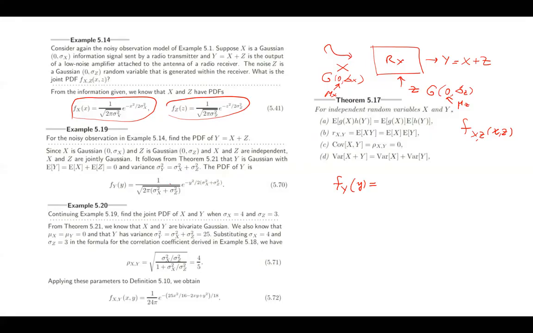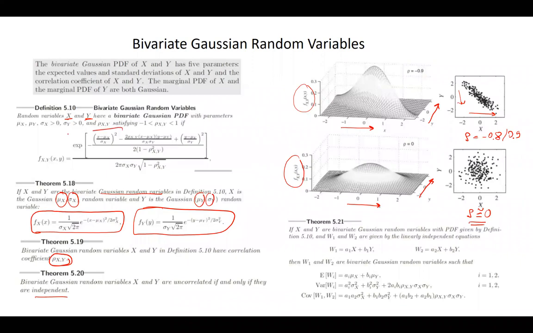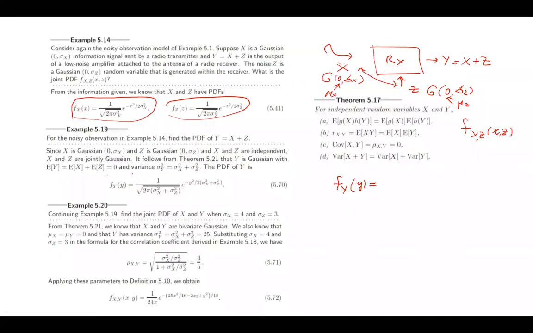Okay, these are independent. This makes this equation simple. Why? Because the correlation here is going to be 0. The mean values will be 0 here, 0, and this is going to be 0, so that we can get this PDF.